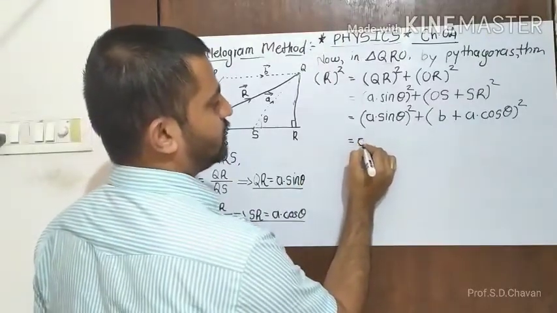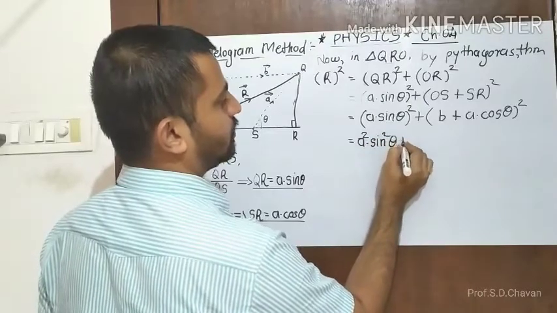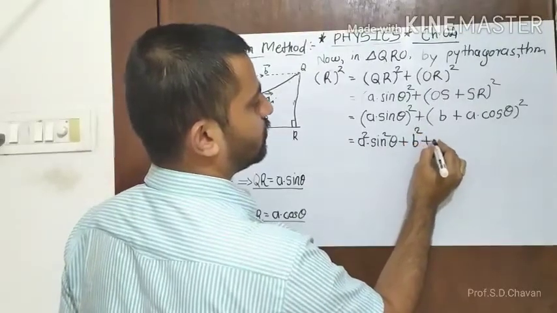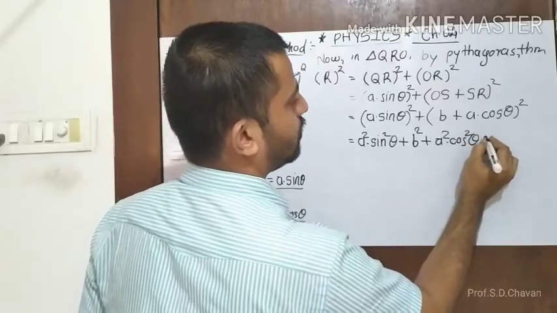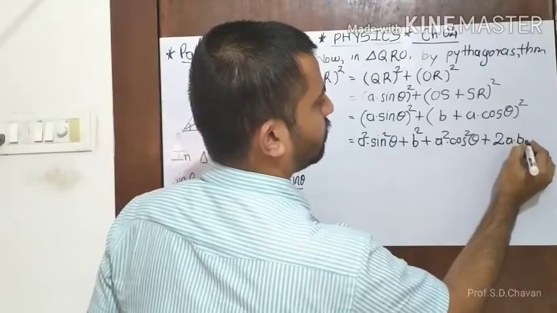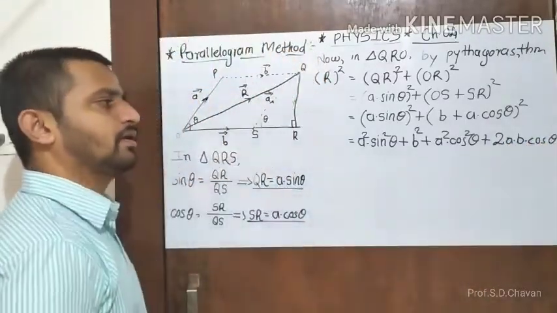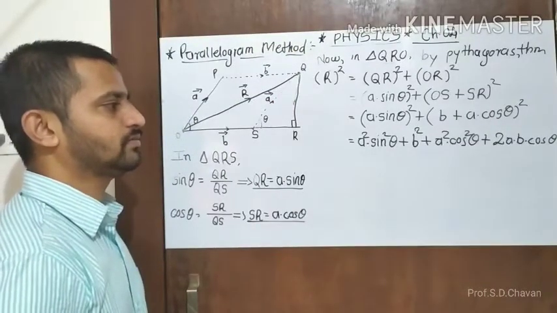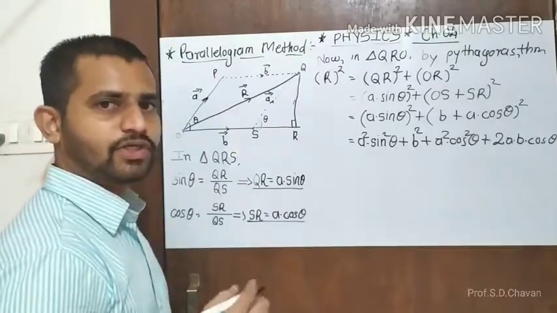Now by simple geometrical laws, A square sin square theta plus, by applying the (A plus B) square rule, B square plus A square cos square theta plus twice AB cos of theta. Now in this we have one formula, that is sin square theta plus cos square theta.